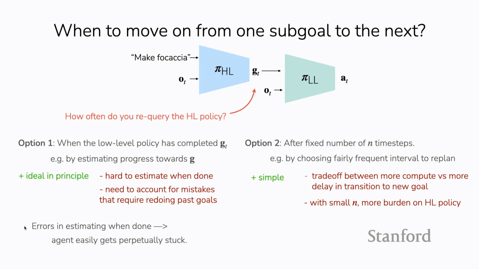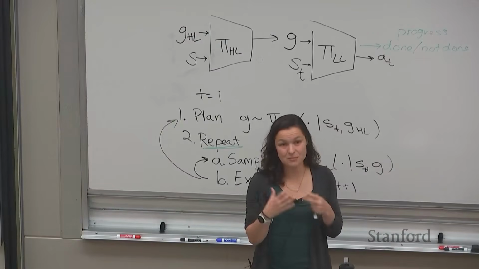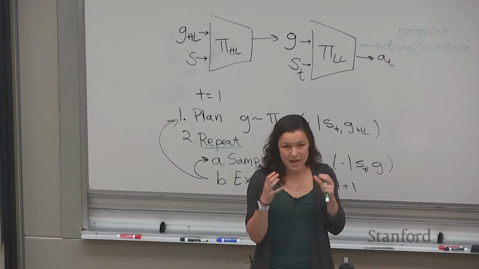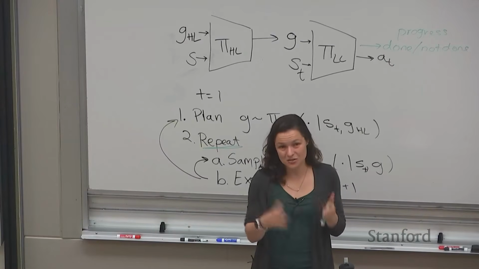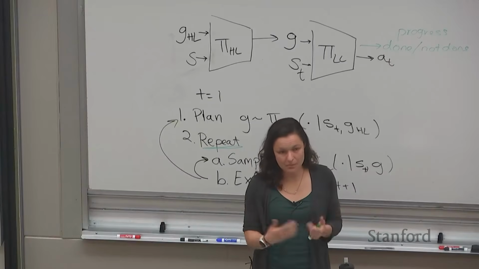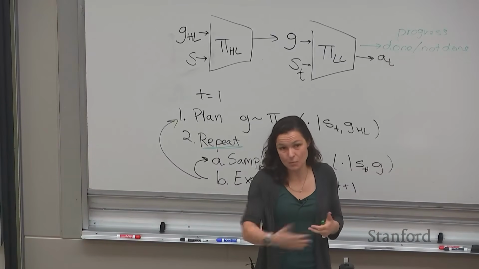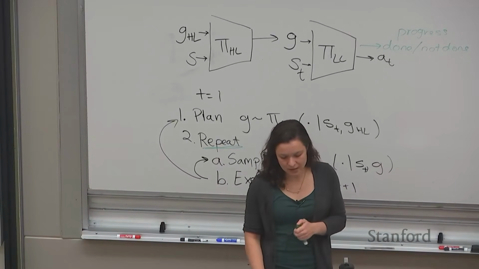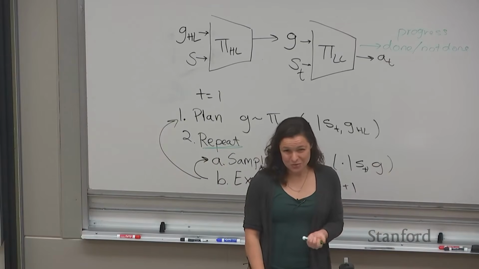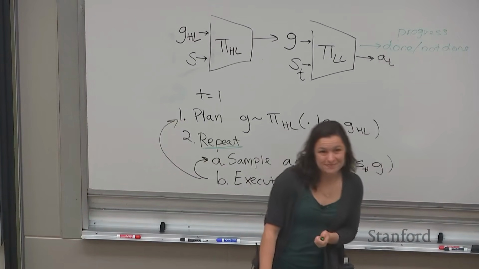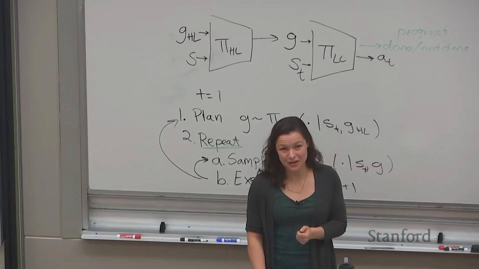If it thinks that it's not done, but it is actually done, then it will just stay in that state, because the low-level policy will keep on predicting this, and won't be making any further progress on the task. So this is a pretty rough outcome for these kinds of errors, even if they're infrequent.